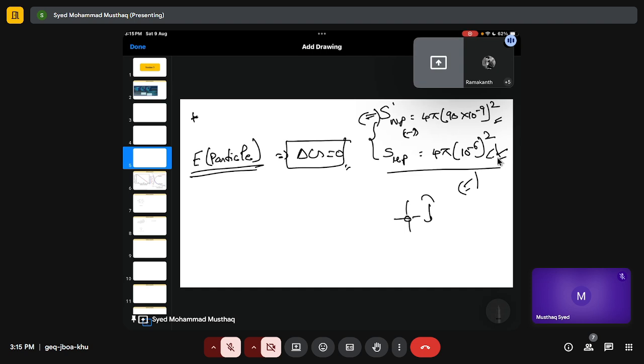Let's say this is a graph, and E1 will be this one. This is the hump, and this is E2. So this is my activation energy. This is the amount of energy I need to give for a certain reaction to happen.